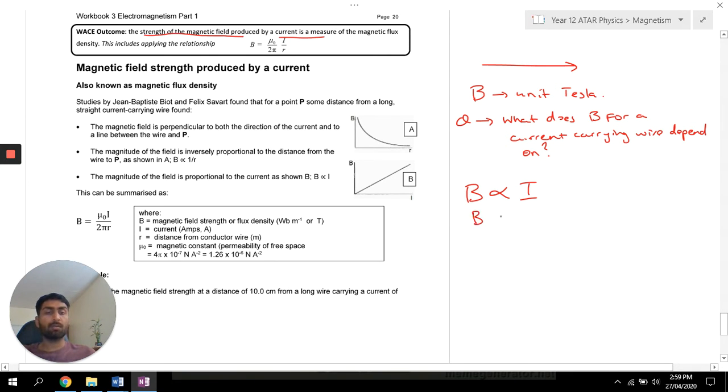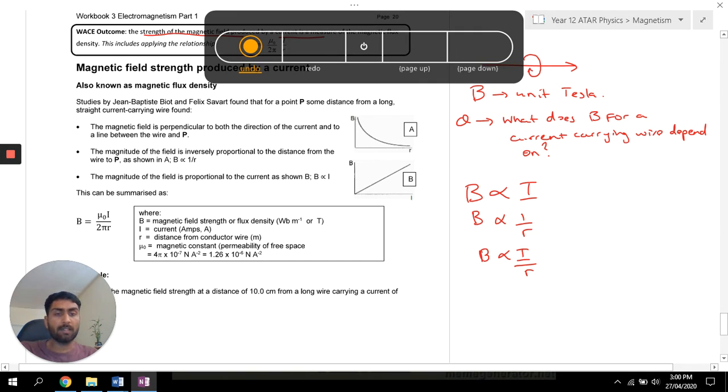So it's radially, because we remember the magnetic field is circular. And therefore it's inversely proportional to the radius you are away from it. So we can combine that and say that B is proportional to I, inversely proportional to r.